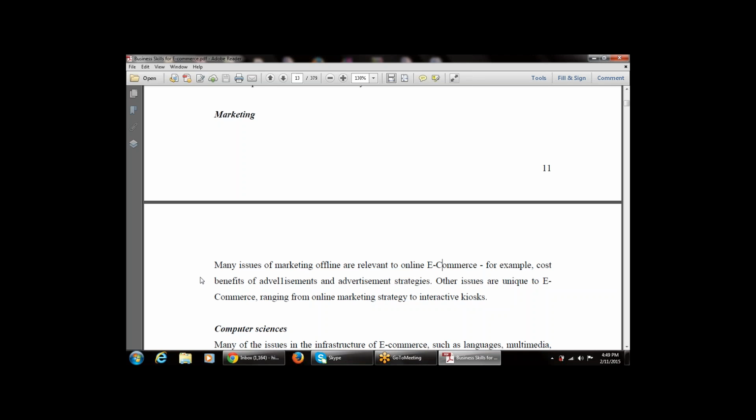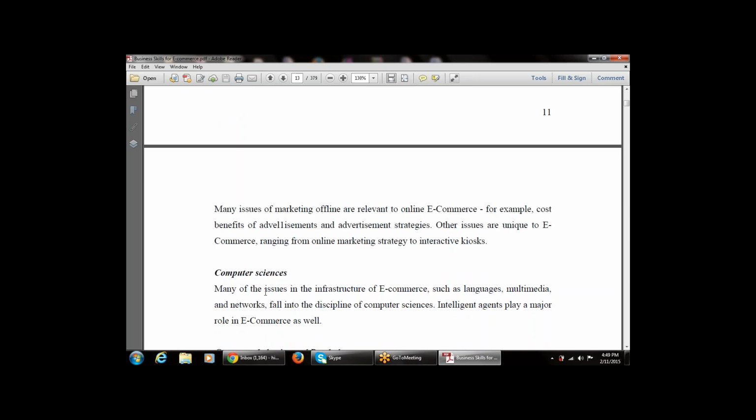Next, computer sciences. We are studying computer science, and this is the most important for the computer science student. Many of the issues in the infrastructure of e-commerce, such as languages, multimedia, and network, fall into the discipline of computer sciences.